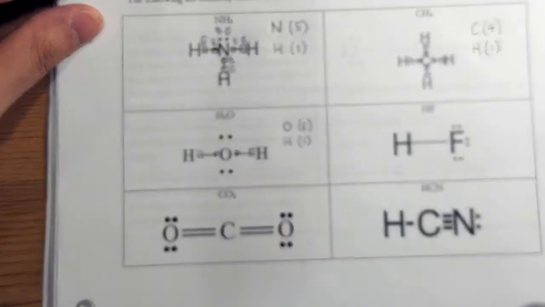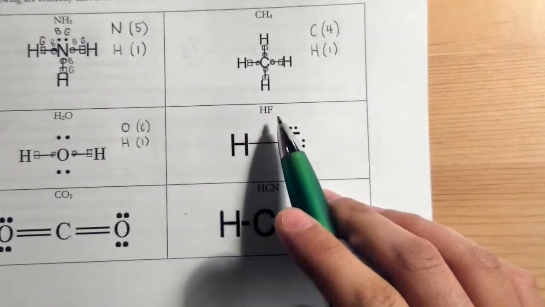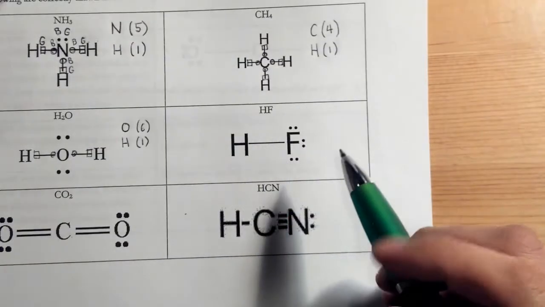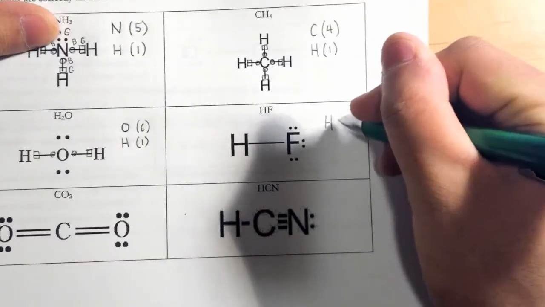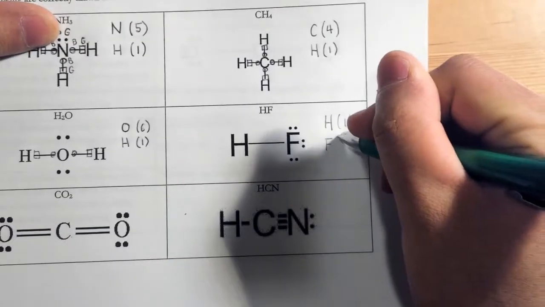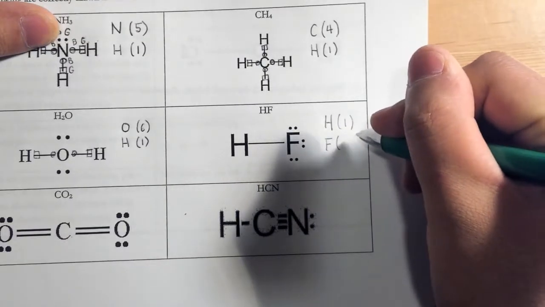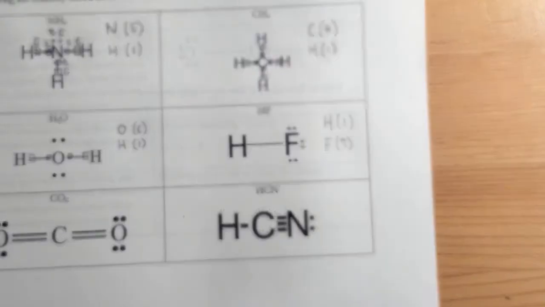Okay. So next example. Hydrogen fluoride. So there's 1 hydrogen. Hydrogen has 1 valence electron. And fluorine, in this case, has 7 valence electrons. Alright?